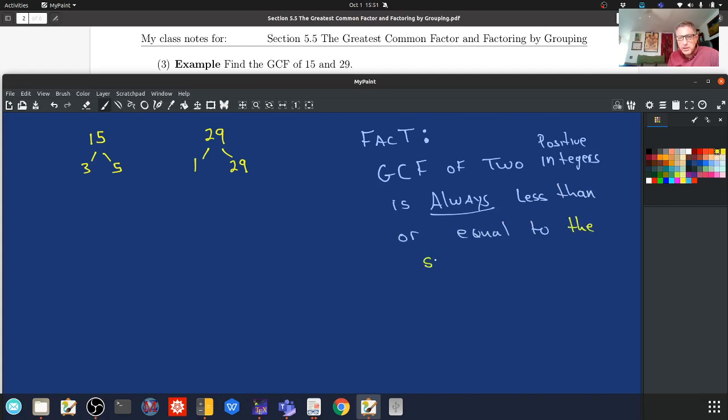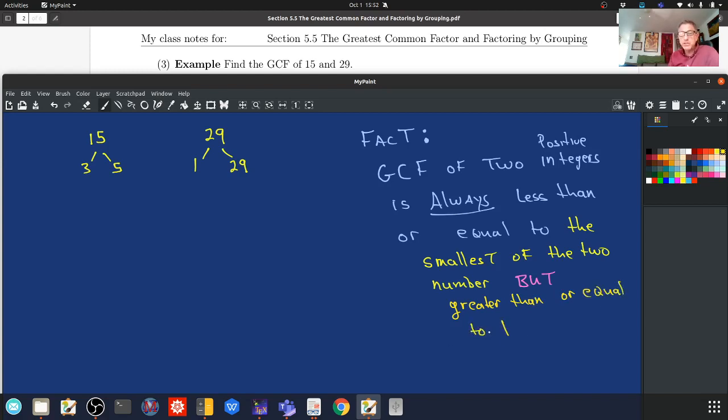the smallest of the two numbers, but, here's the but, greater than or equal to 1.